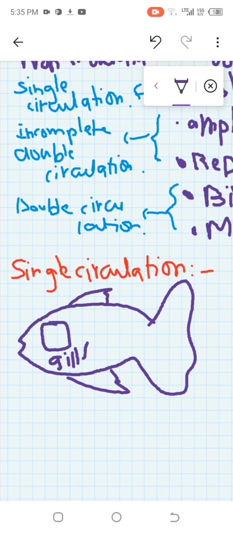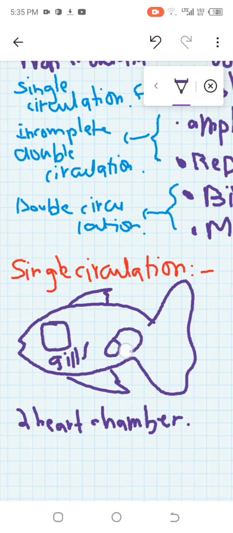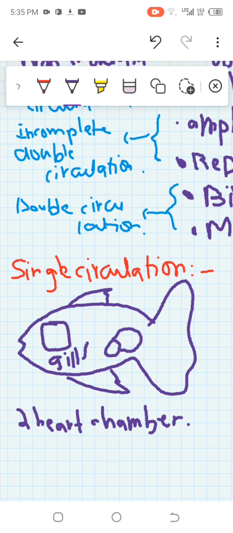In the fish we have two heart chambers. So how does circulation take place in the fish?